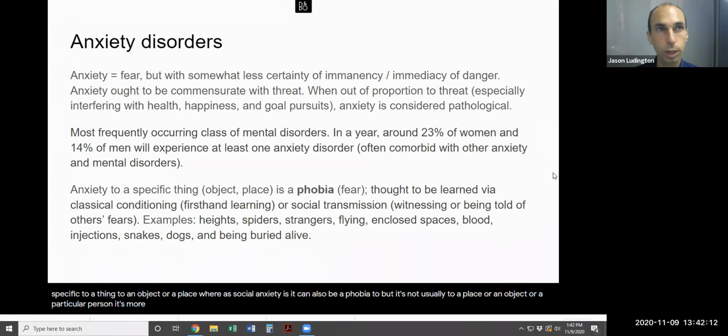It's more general, to all people, or a larger variety of scenarios, places, contexts. So it's just a little bit too broad to be called a phobia, whereas phobias tend to be more specific to the feared object or thing or place.